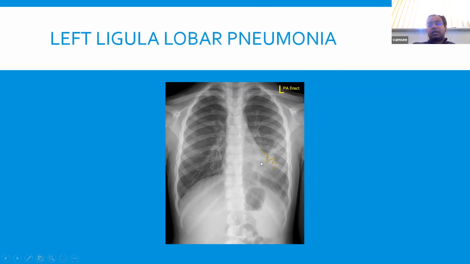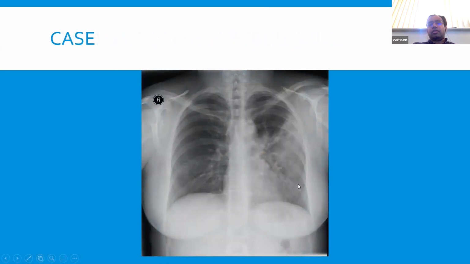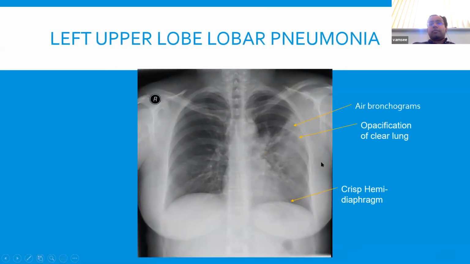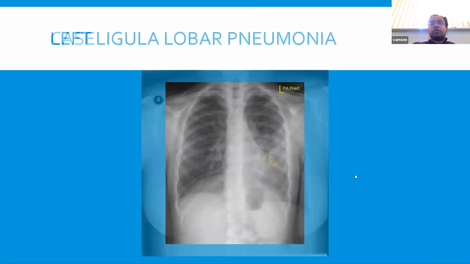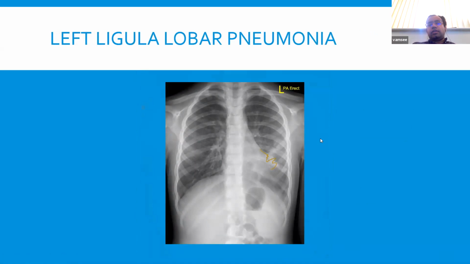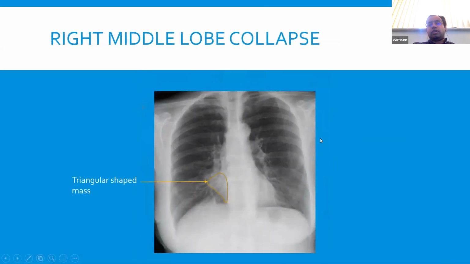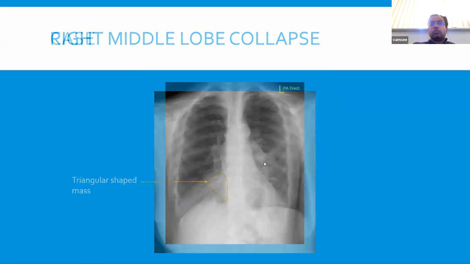Now here, it's again a similar thing. You've clearly got some abnormality along here. If you look along the border there, that should be relatively clear. Sorry, this is the next case. If you look at the previous case, you can see the nice cardiac silhouette, and you can see the pulmonary vasculature, and a clear delineation between them, which is nice and normal.